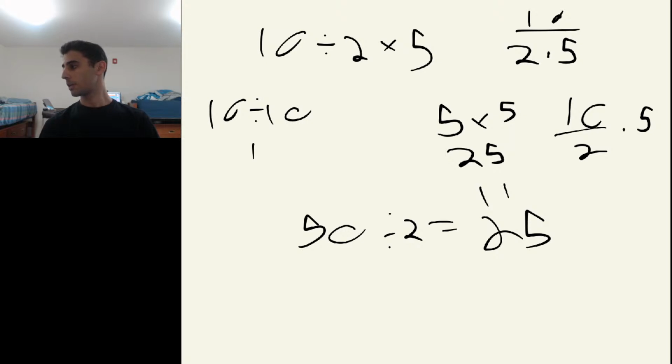But what if you say 10 divided by 2 times 5 in the other way? 1. Yeah, that's really weird. But computers will equate that to 25.